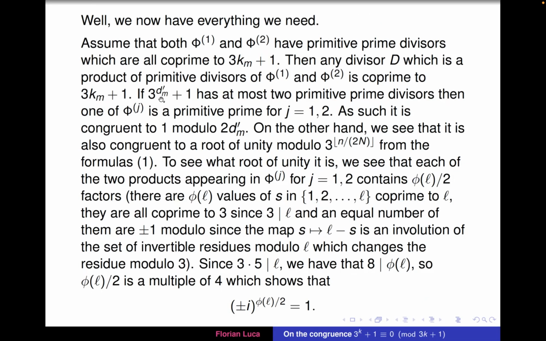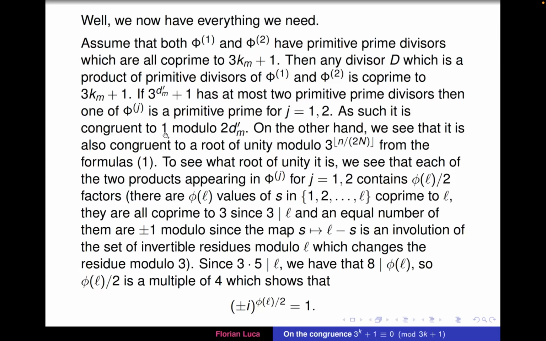If 3 to the power dm' plus 1 has at most 2 primitive prime factors, then this means that at least one of these, phi1 or phi2, must be a prime, because if none of them is a prime, then one of them is going to have 2 primitive primes in there. As I said, there might be a spoof prime that's not primitive, which is going to go with one of the 2 factors, but the other one is going to catch at least 2 primitive prime factors. So let's suppose that it has at most 2 primitive prime divisors, and one of these is already a prime. So I'm going to show that this prime works.